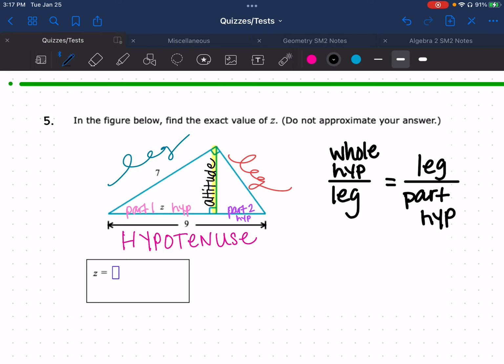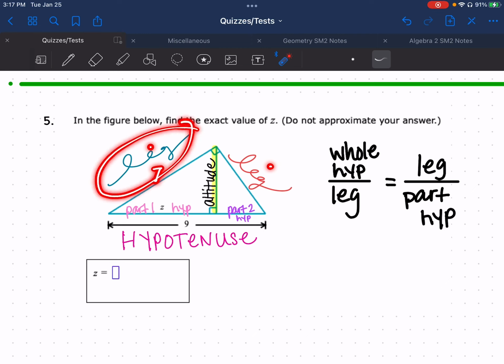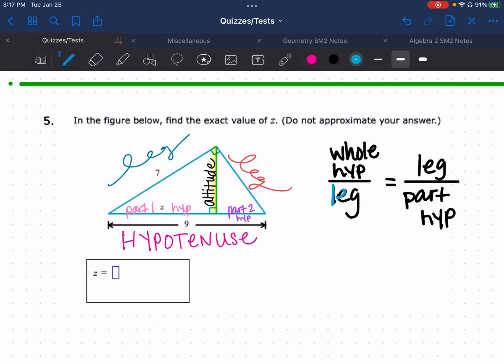All right, now I'm going to go ahead and I'm going to use my colors to help me out. The leg that is given is either going to be one of these two. There's the leg, so I'm going to use it in blue. So there's my leg, and there's my leg. The whole hypotenuse is going to be the number that goes all the way across the bottom. So that's what I'm going to put for my whole hypotenuse.